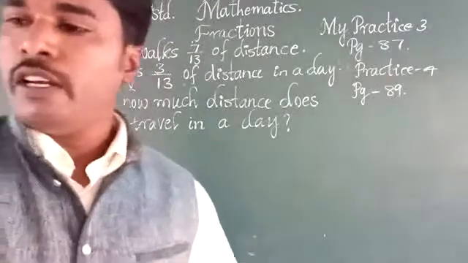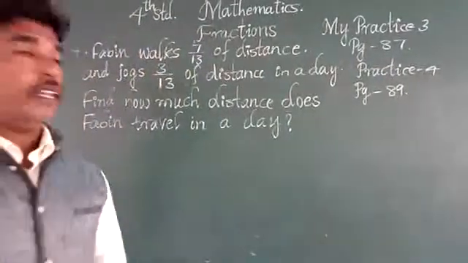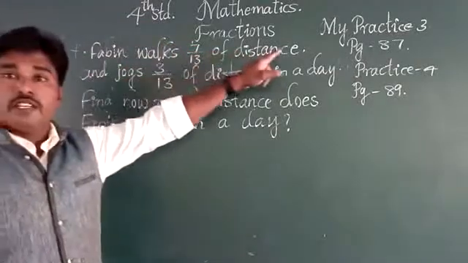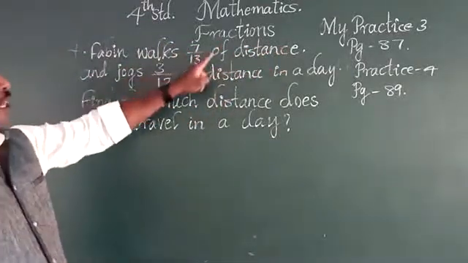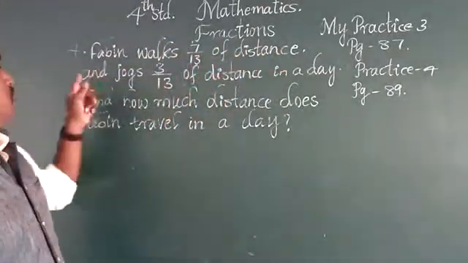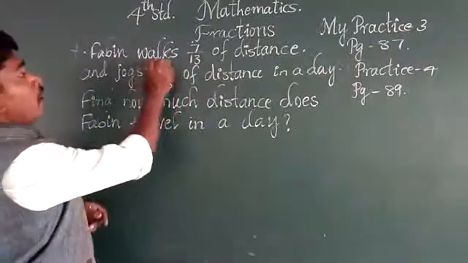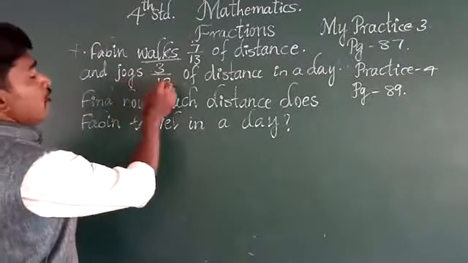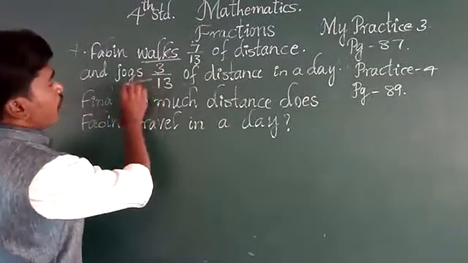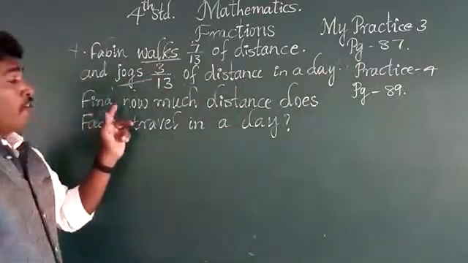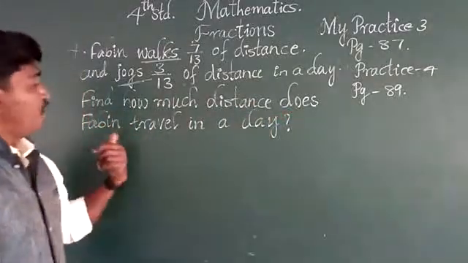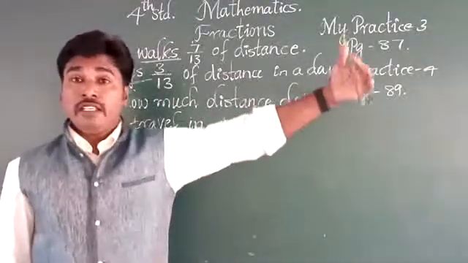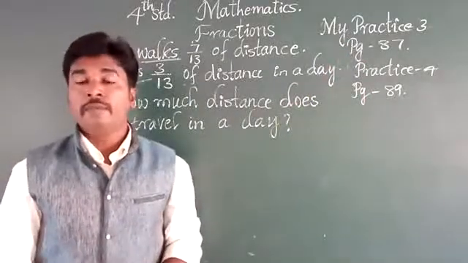Observe here, dear children. Fabin, a name of a student, walks 7 by 13 of distance. Consider 7 by 13 distance by walking, and then 3 by 13 of distance by jogging. Find how much distance Fabin travels in one day.